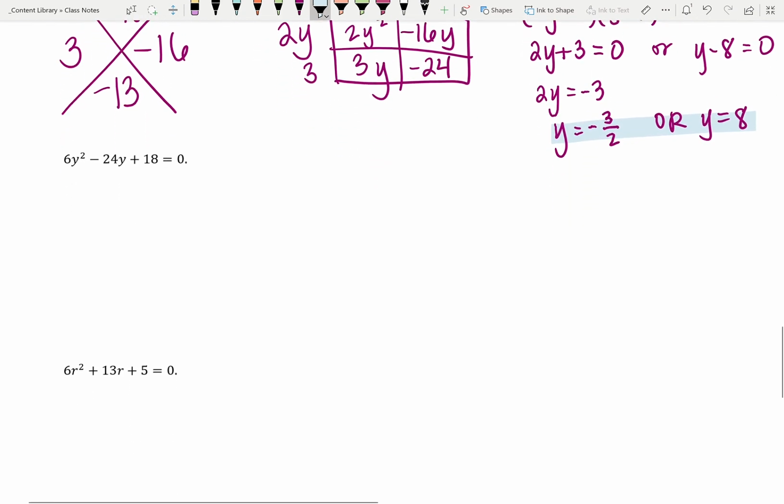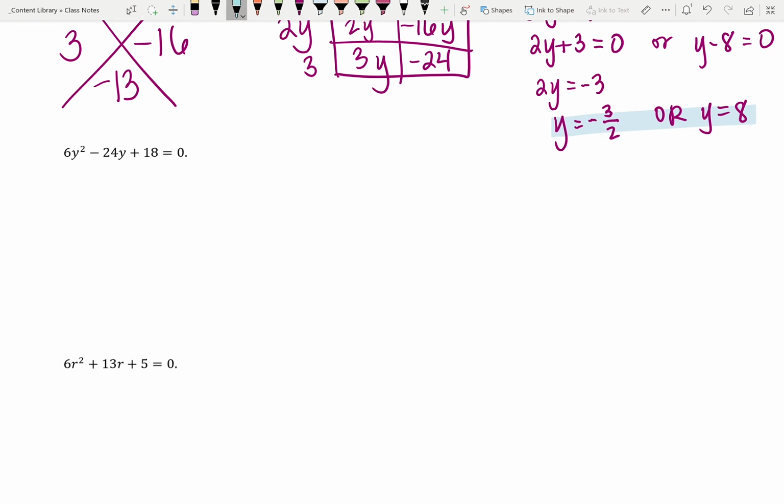A couple more. So again, I'm looking for the GCF first. So if I think about these three numbers, what goes into all three? Well, we can factor out a 6, and inside the parentheses we would be left with y squared minus 4y plus 3 equals 0. So I have to remember that that 6 is out there, but the factoring is now pretty easy because in the top of the x we would have just a 3, and in the bottom a -4.